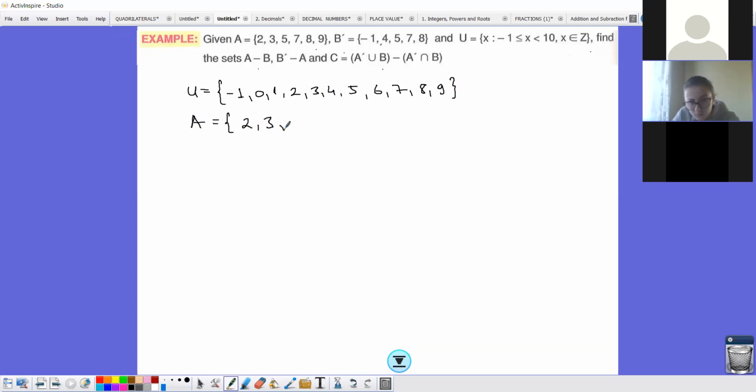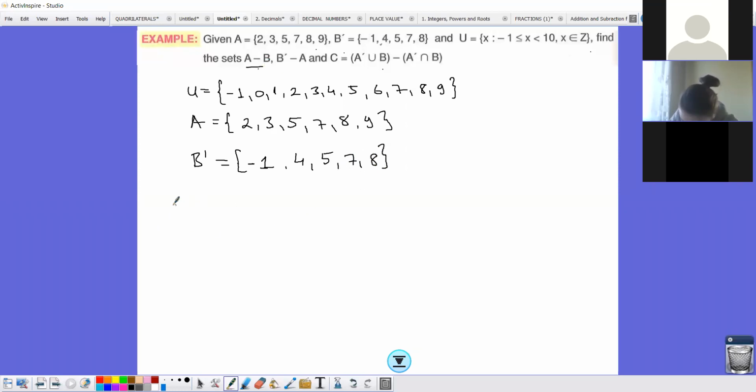It will be easier for us to see. A is 2, 3, 9, and B complement, or B prime, will be -1, 4, 5, 7, and 8.